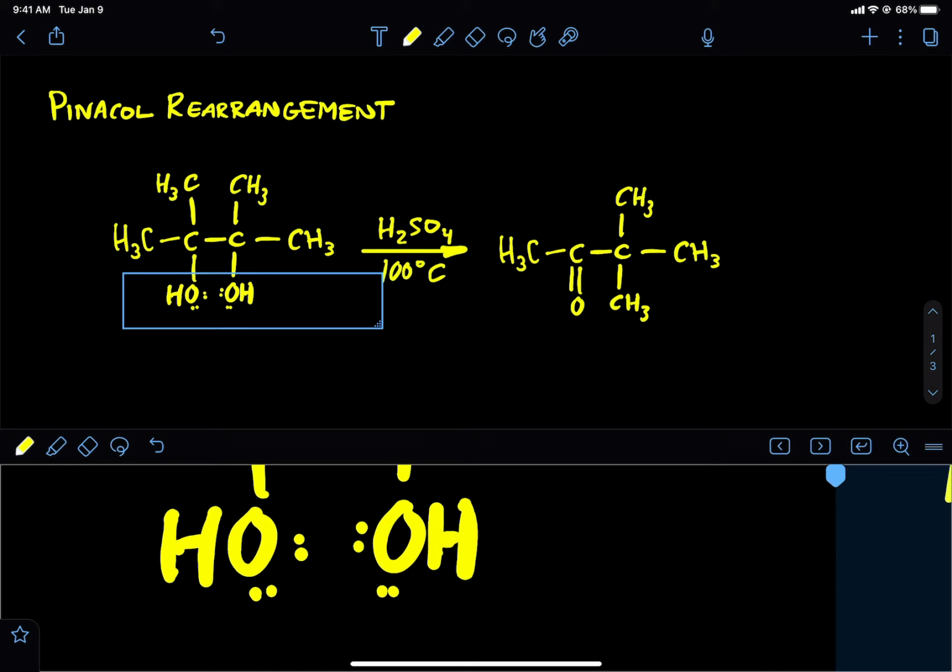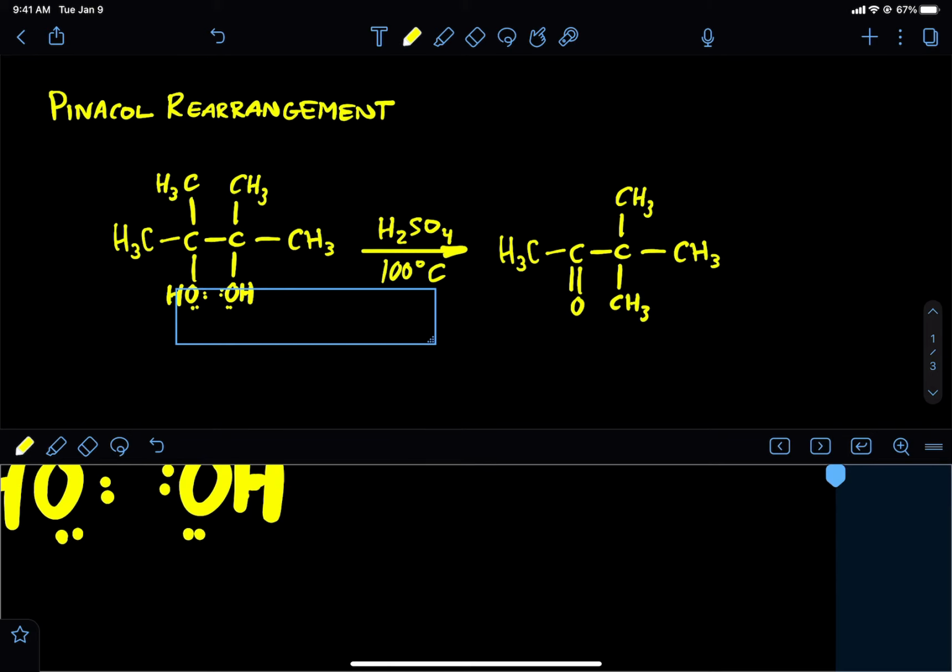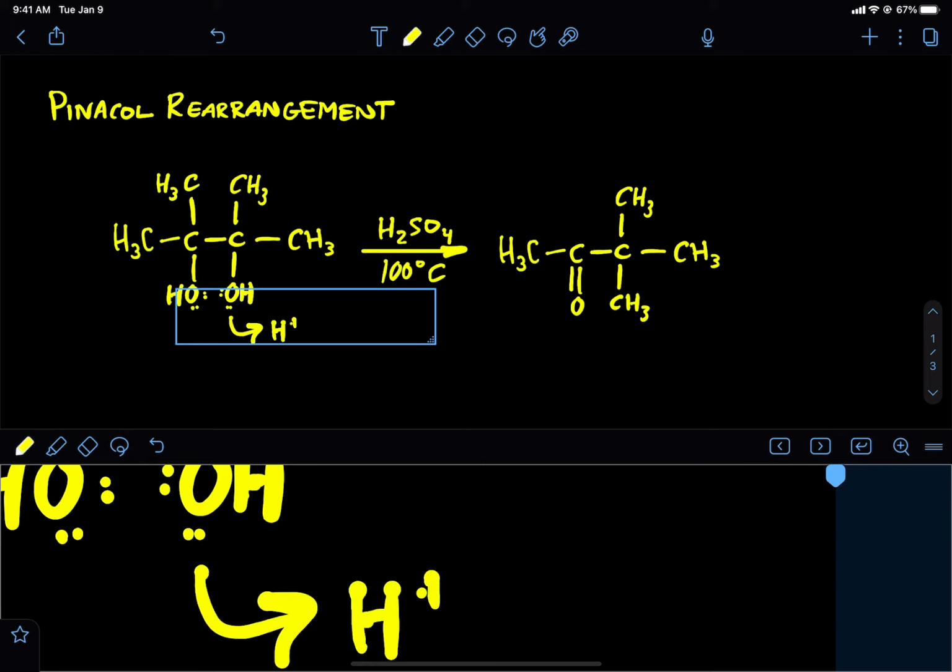Never do two protonations at once. Even if you do have two protonations, they will happen in sequence. So let's just pick an alcohol and have it undergo a proton transfer. I'm going to start with the alcohol on the right, and we'll show this alcohol grabbing a proton.